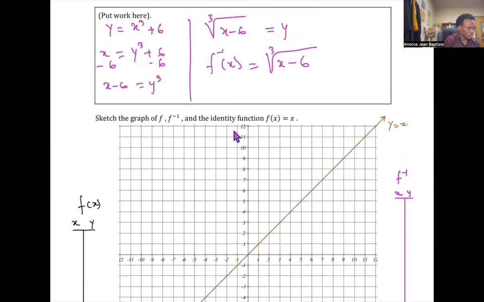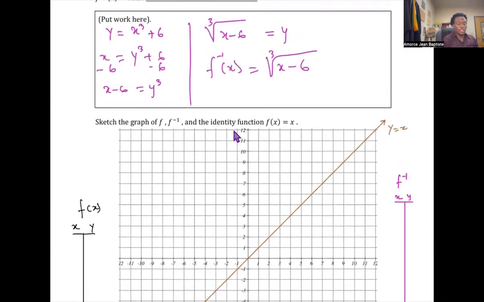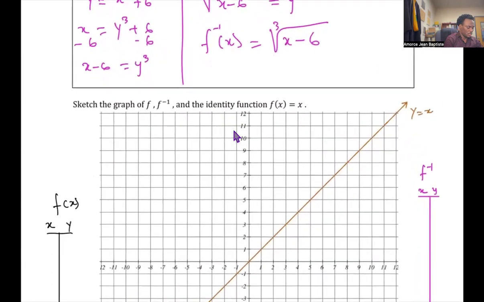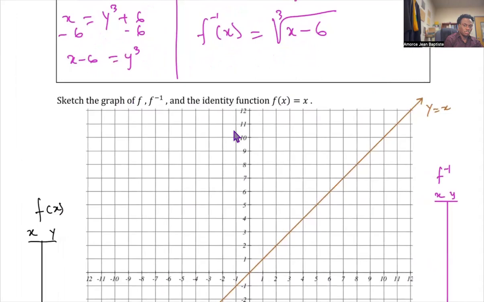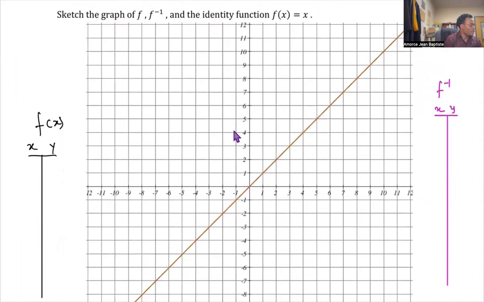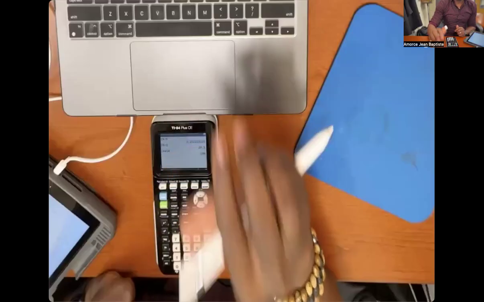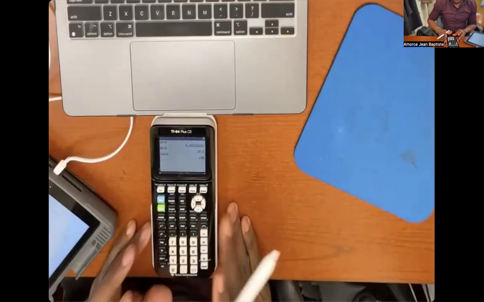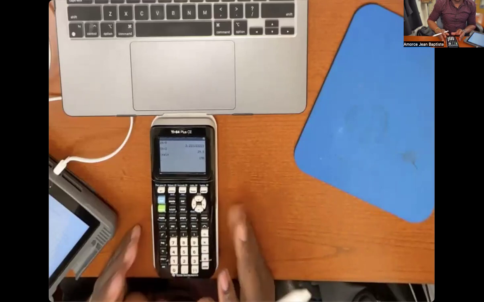I need some points to sketch both graphs. So I'm going to start with f of x. I can sketch both of them using my graphing calculator.